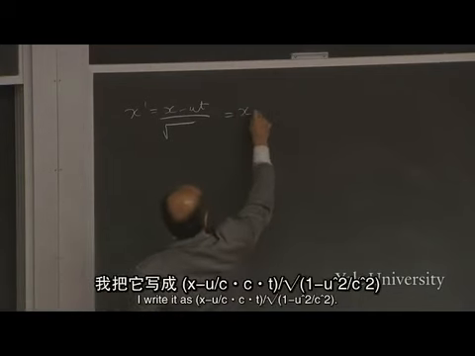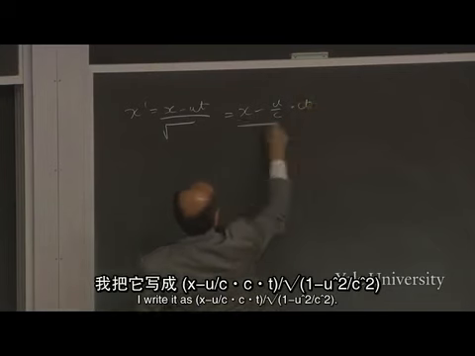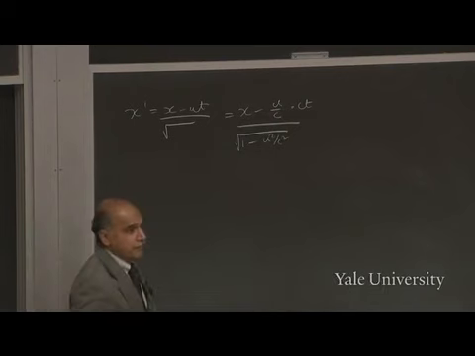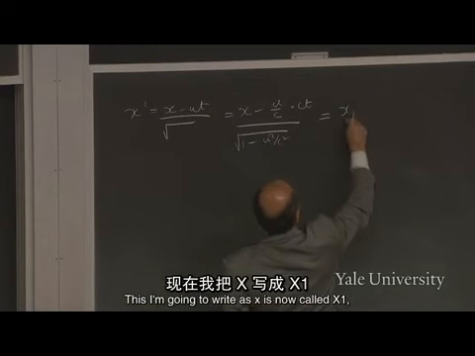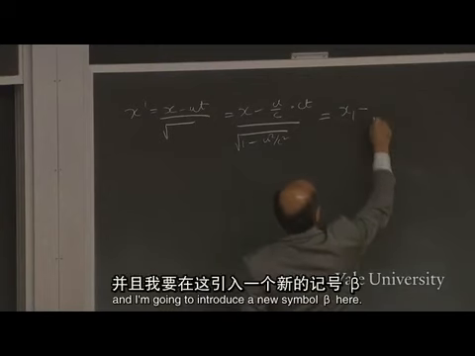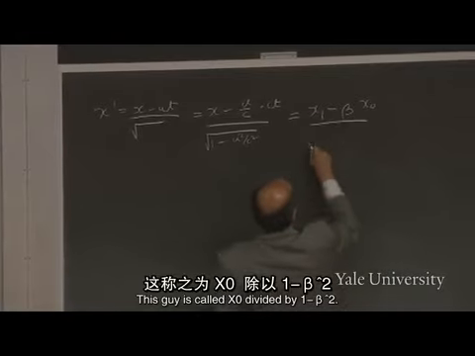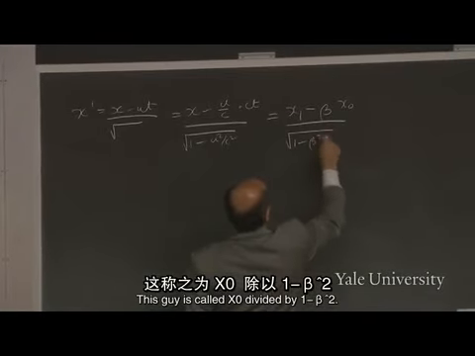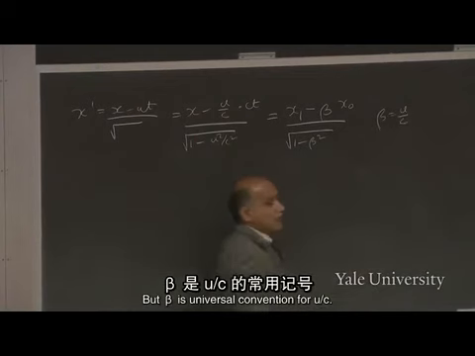I write it as x minus u over c times ct divided by the square root of 1 minus u squared over c squared. This I'm going to write as x, now called x1, and I'm going to introduce a new symbol beta here. And this guy is called x0 divided by the square root of 1 minus beta squared. But beta is the universal convention for u over c.